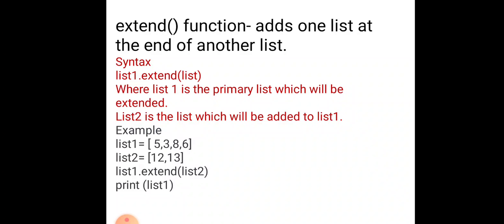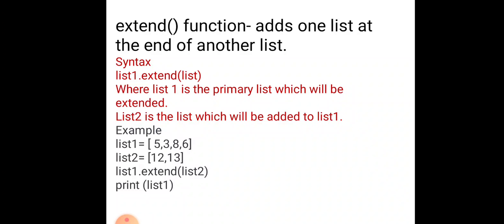Syntax is list1.extend, and we pass another list as an argument to the extend function, where list1 is the primary list which will be extended and list2 is the list which will be added to list1. For example, we have two lists. List1 contains elements 5, 3, 8, 6, and list2 contains 11 and 13.